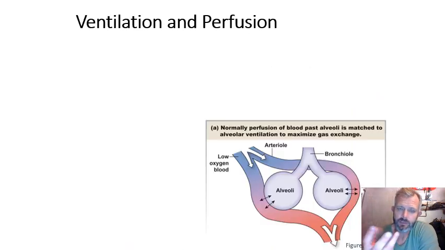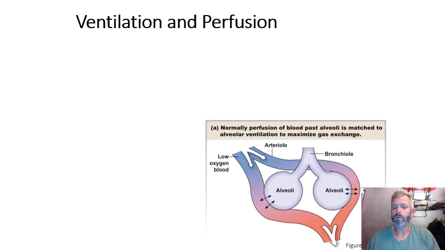And one other factor we want to regulate in the pulmonary circulation is the perfusion of blood around the alveoli. So what we're going to see in our lungs is that ventilation is not always uniform across. There are areas where our ventilation is greater, where there is more oxygen.